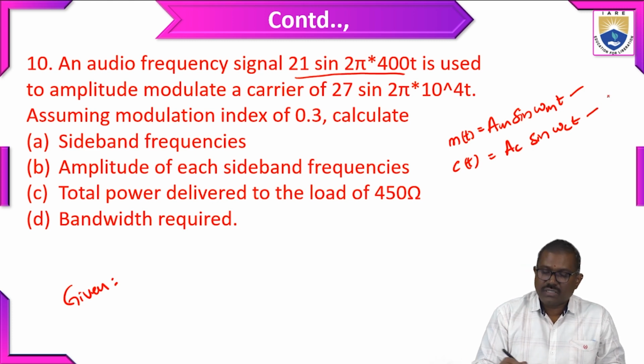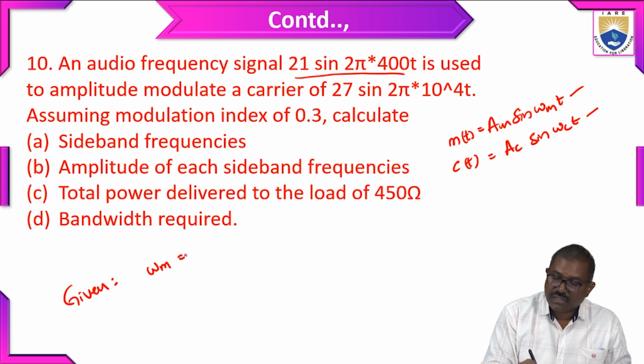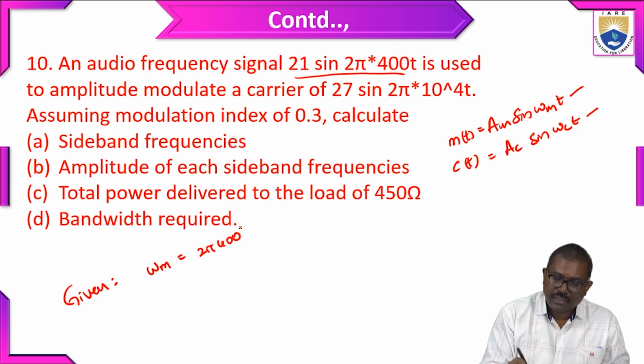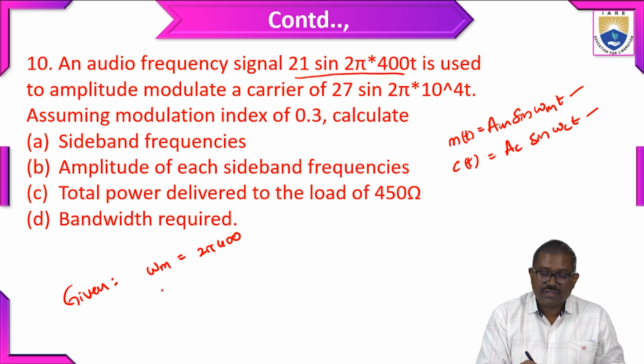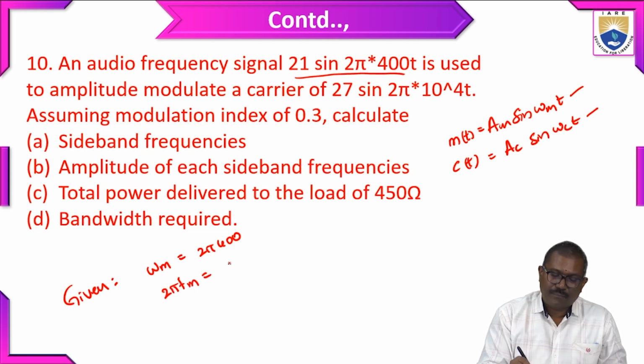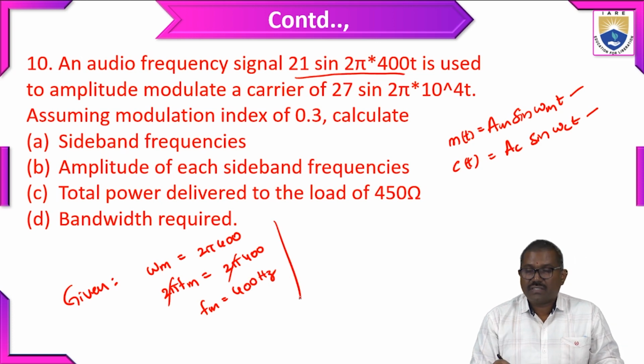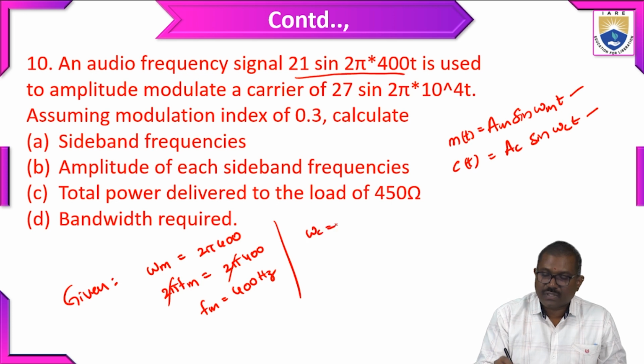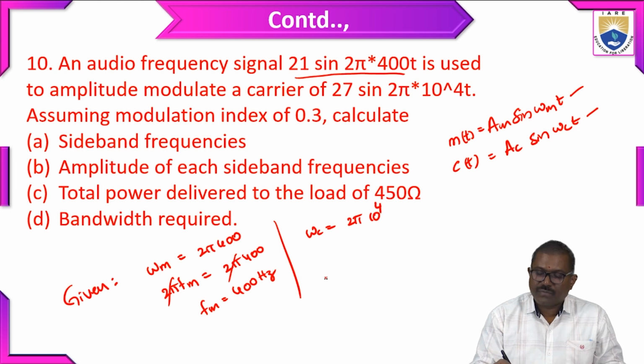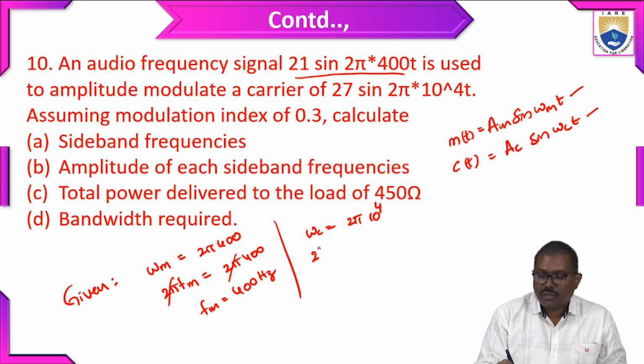By using this, omega m is equal to 2 pi 400. What is omega m? The angular frequency, which is nothing but 2 pi fm. So the 2 pi cancels, and you get fm equal to 400 hertz. Similarly, omega c is equal to 2 pi 10 to the power of 4, that is 2 pi fc equal to 2 pi into 10 power 4.